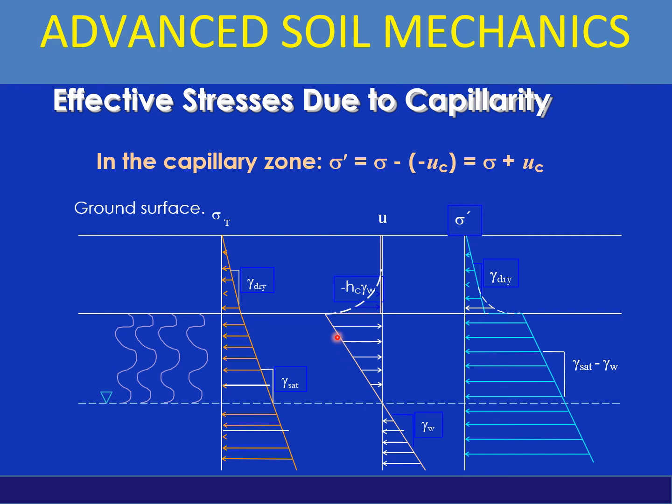You are having the capillary rise, the negative pore water pressure is there, and then you are having zero pore water pressure like that. And here you can say that up to this part you are having the partially saturated soil. And this is the distribution for the effective stress.